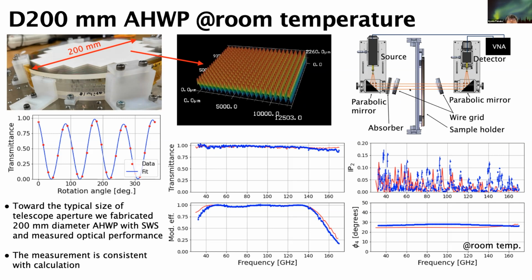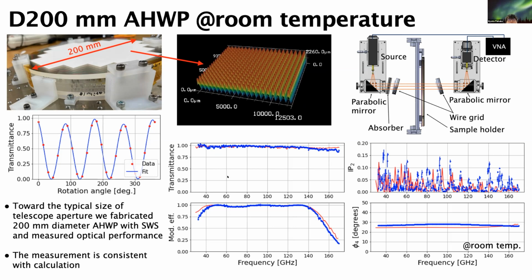We loaded the sample, took the data and fit the data, and then calculated the transmittance, modulation efficiency, and phase. Here is the component of the two-omega signal of the modulated signal. You can find the two-omega signal here. The red line is the calculation, and the measurement is consistent with the calculation.